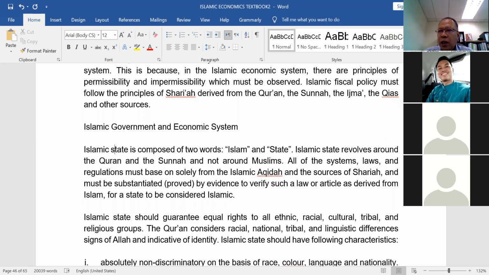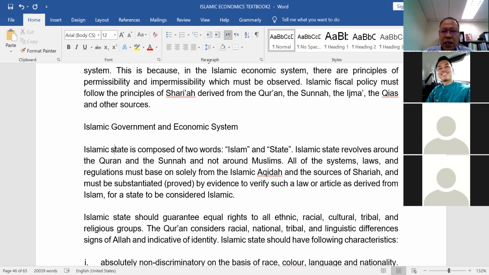So, yang penting sekali ialah untuk menentukan sesebuah kerajaan itu Islam atau tidak, mesti melihat kepada dasar pemerintahan itu adakah berlandaskan Quran dan Sunnah atau tidak.